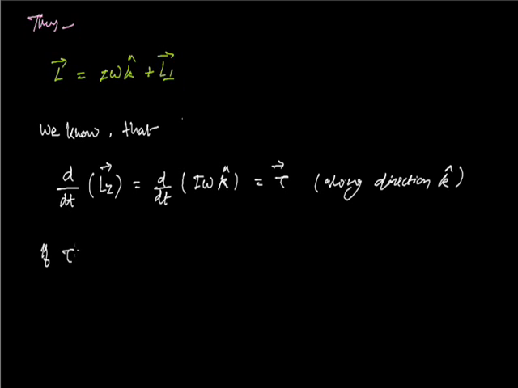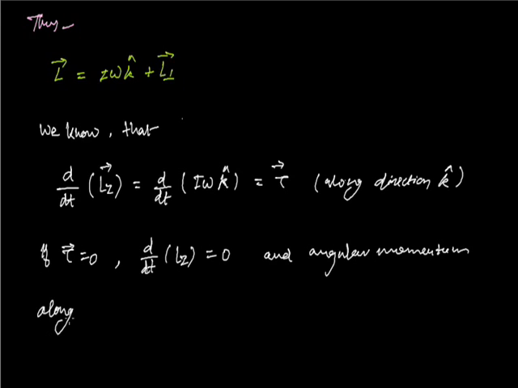So if tau is equal to 0, d upon dt of Lz is also 0, and the angular momentum along the rotational axis, the z axis here, will be conserved.